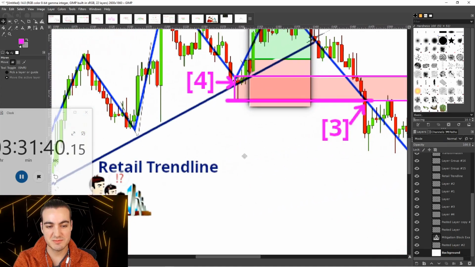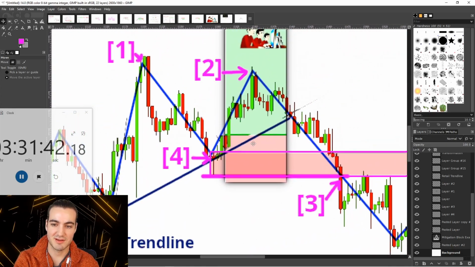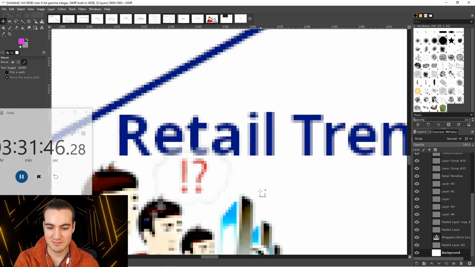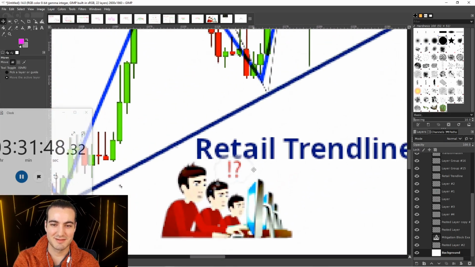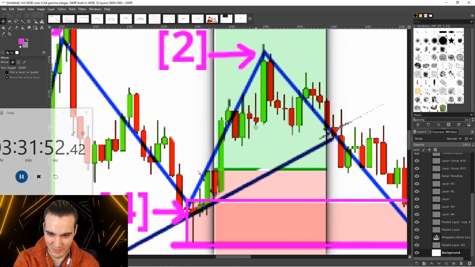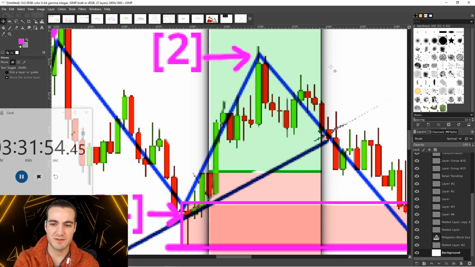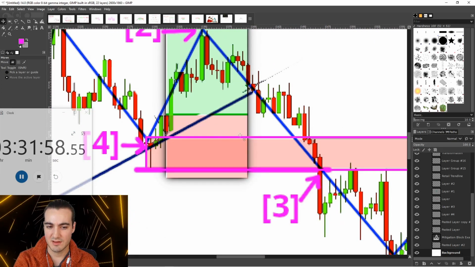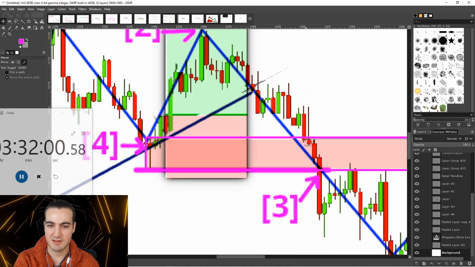And same as before, we have our retail trend line, which looks very strong and stable to the retail trader. So they're betting on price to bounce off of it to a new high up here. Of course, it doesn't.